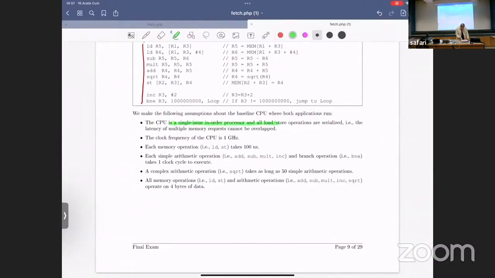All loads and stores are serialized, it gives you the frequency of the CPU, and also tells you the time for arithmetic operations. Jumps are 1 cycle. If you have to do a complex operation, it takes 50 cycles. And loads and stores are 4 bytes, loads 4 bytes of data.